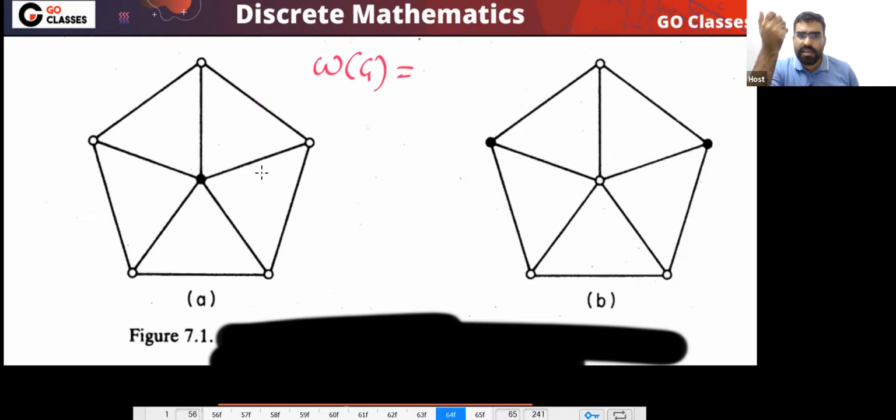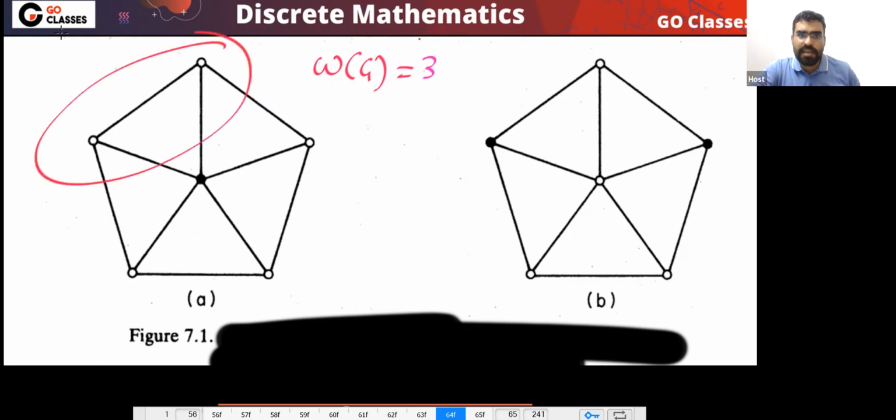Do we have K4 here? Is there any K4 in this graph? We don't have any K4, right? You can check there is no K4, but we have K3. So I can say the clique number will be 3.